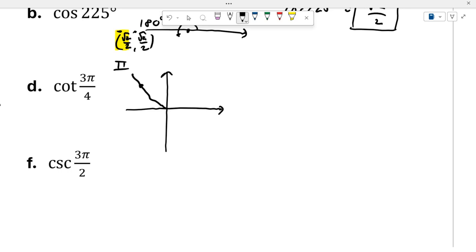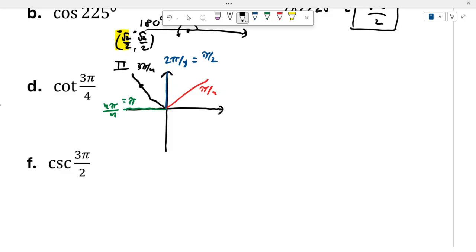Again, 1 pi over 4, 2 pi over 4, 4 pi over 4, which simplifies to just pi, and this one simplifies to, oh, this should be 4, my bad, so this simplifies to just pi over 2. But then 3 pi over 4 is right in the middle of quadrant 2.